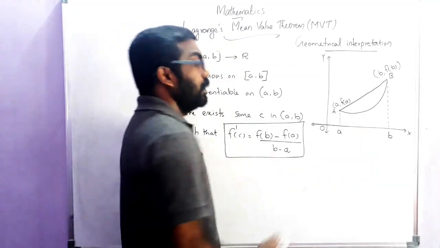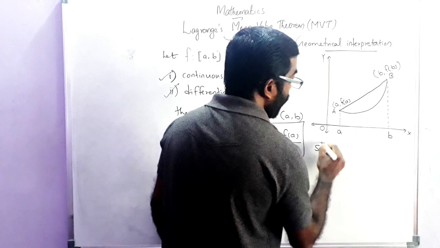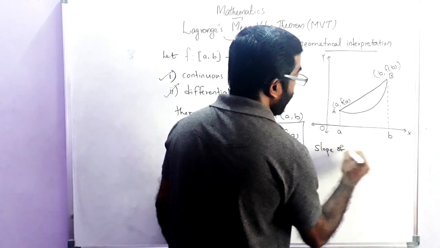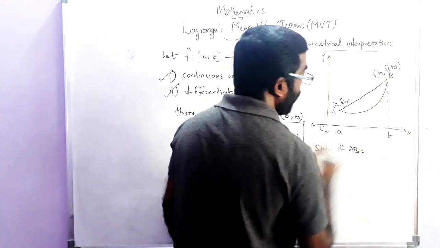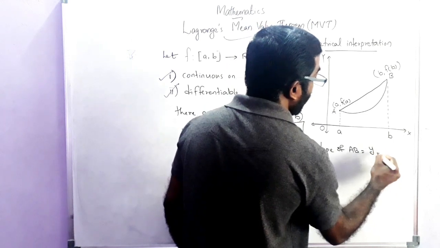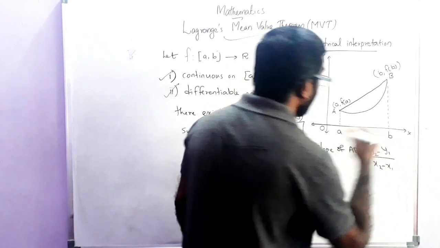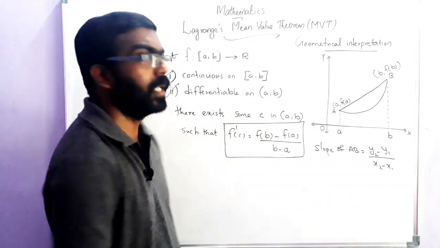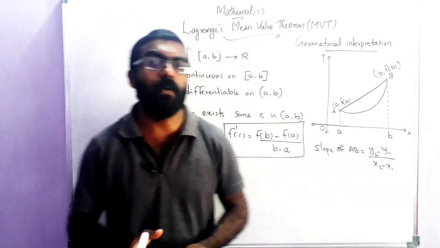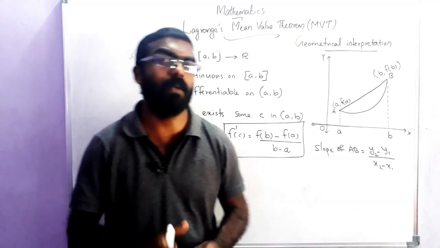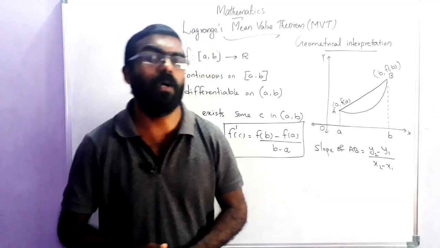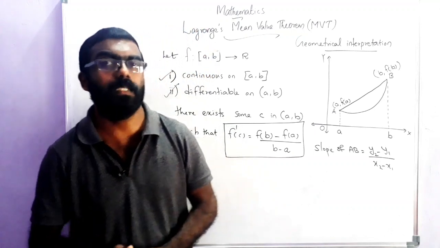Okay. And we know the slope of AB as the slope of the line joining 2 points. We have the formula y2 minus y1 divided by x2 minus x1. Slope of the line joining 2 points x1 y1 and x2 y2 is given by y2 minus y1 divided by x2 minus x1.